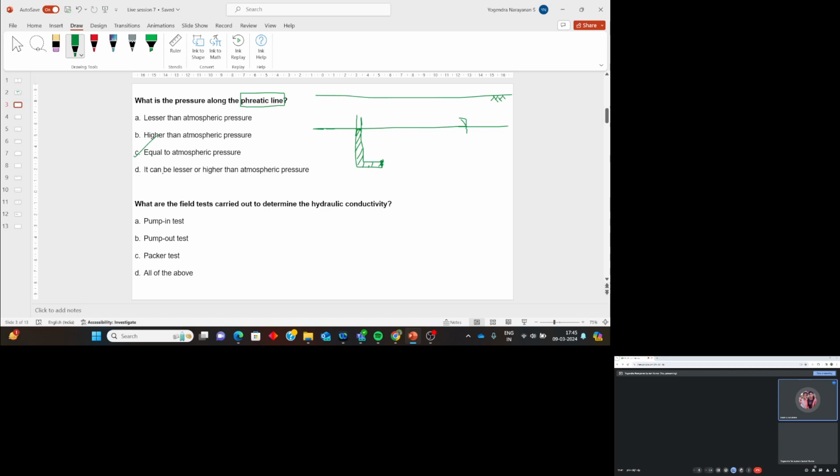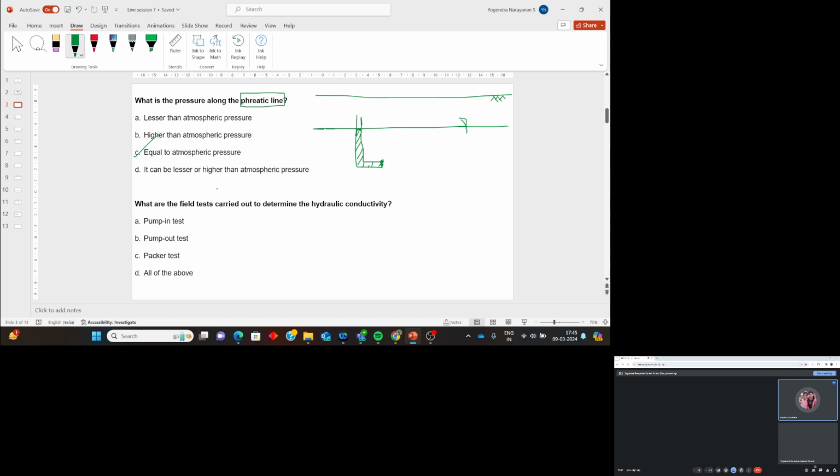So this will be under atmospheric condition. I hope it is clear now. Or do you have any doubts? Clear, sir. Okay, let us move to the next question.